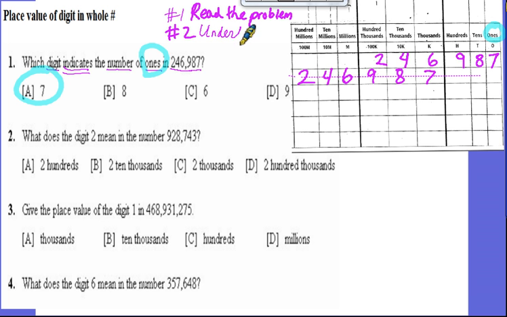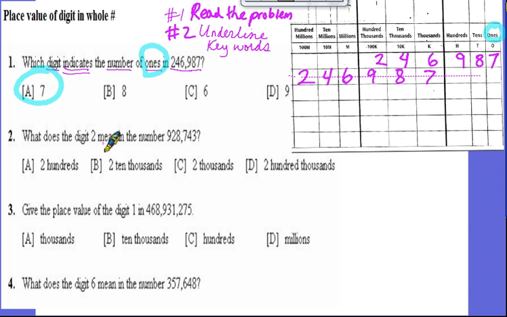Good. Underline the keywords. So, what does the digit 2 mean in the number 928,743? I'm just gonna call on random students. You need to tell me what the keywords are. Go ahead, Josue.